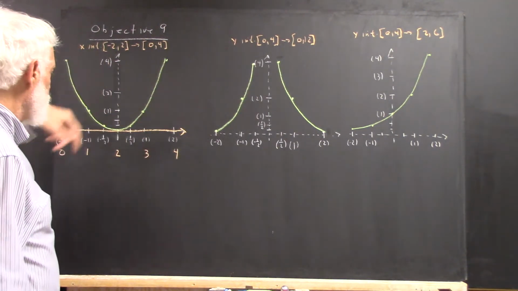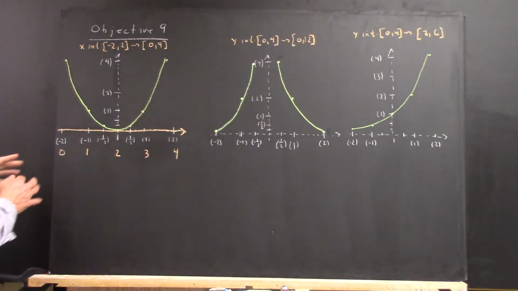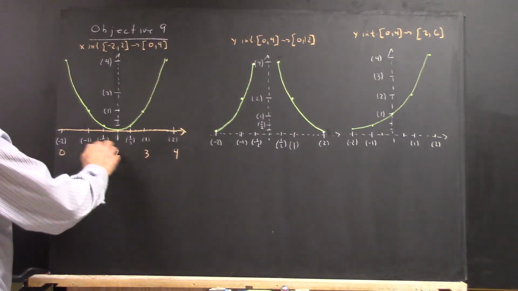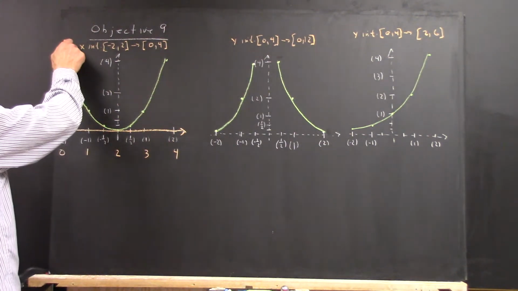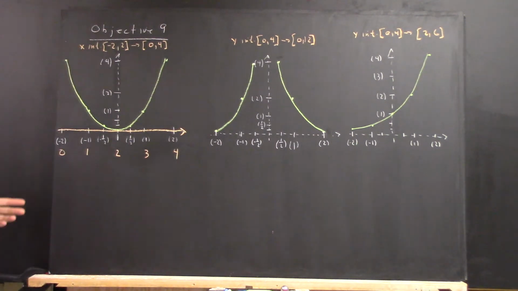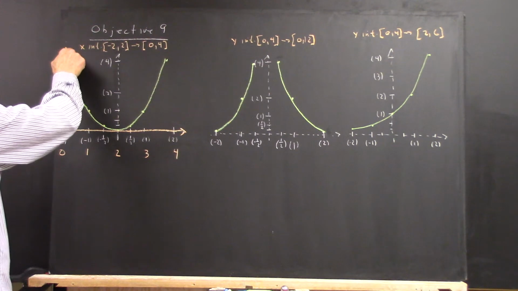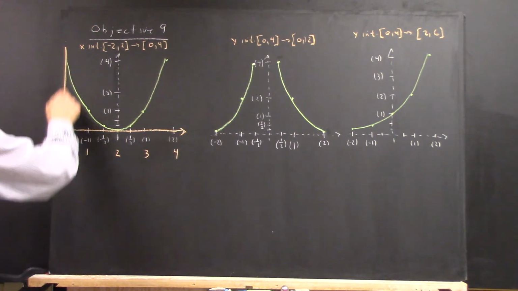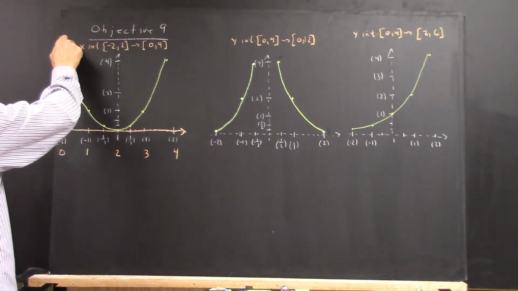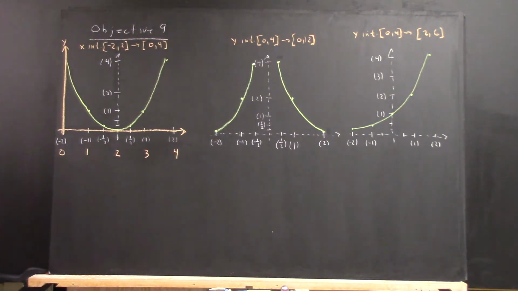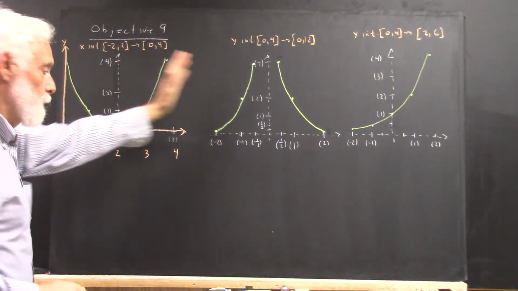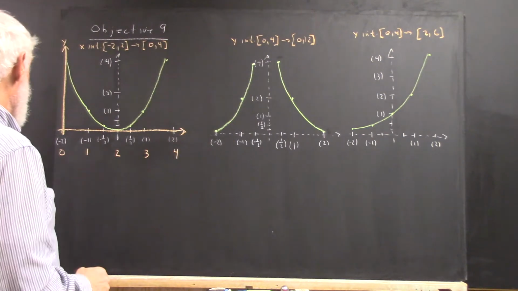Same with the y-axis. Okay, so here we have 0, 1, 2, 3, 4, now on the orange axis. And now the y-axis, of course, occurs when x equals 0. So the y-axis is going to have to move to here. So this is our new y-axis. And now here's our function sitting off to the right of the y-axis.